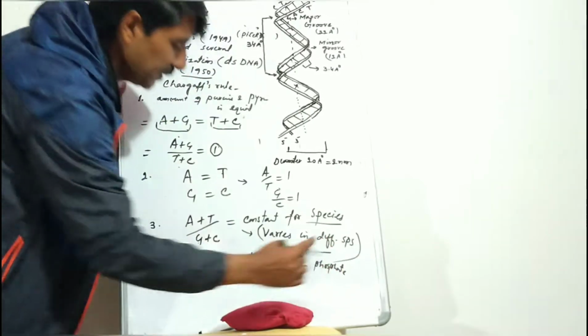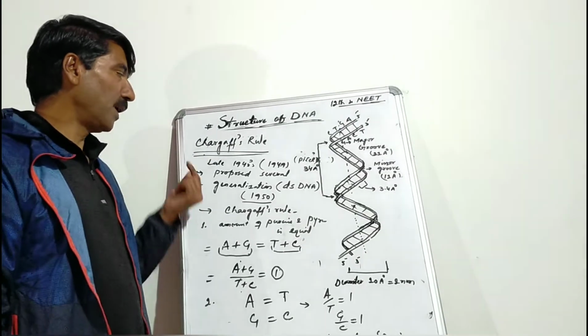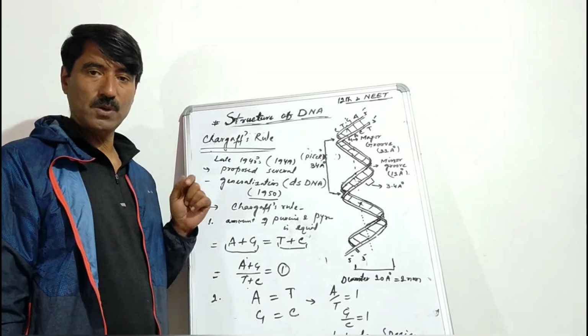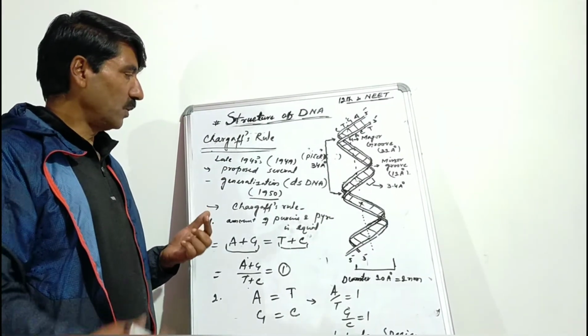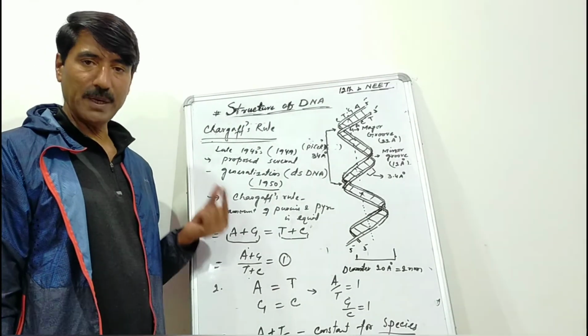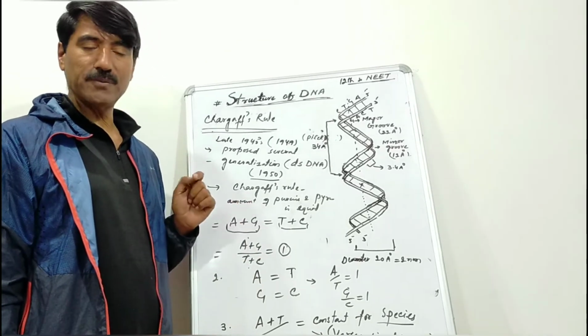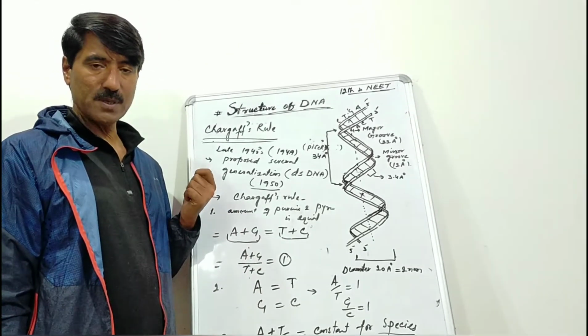So these are some generalizations which were put forth by Chergaff and are now known as Chergaff's rules. Before we will go to the another aspect, that is the X-ray diffraction pattern, let us do some questions which are important for the competitive exams.